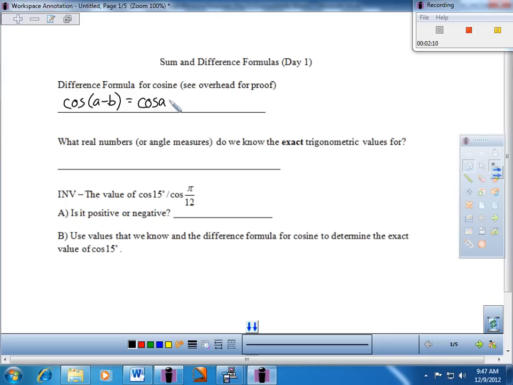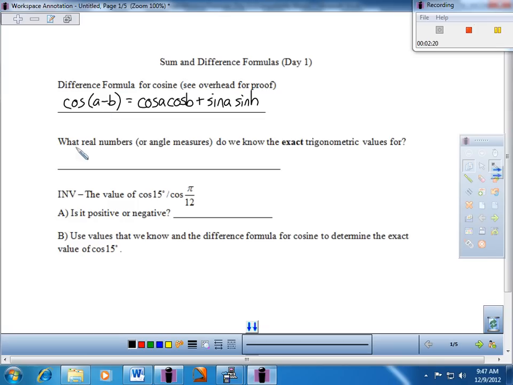So it goes like this: cosine of the first times cosine of the second, plus sine of the first, sine of the second. So cosine, cosine, plus sine, sine. And again, you're starting with 2 angles, and you're creating basically a third angle, in this case by combining them via subtraction. Okay, well let's take a look at what your sheet says here, and then do a little investigation, do some examples.